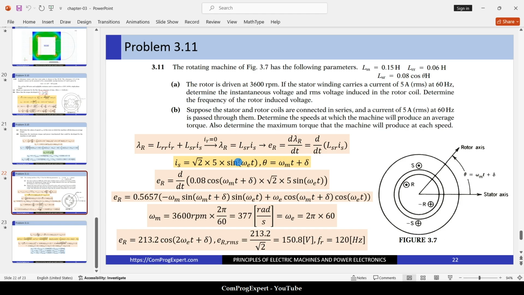If you replace these equations into this equation for current and LSR, instead of theta, we will have this. So you can calculate the derivative of this product, that is derivative of this function times this function plus this function times derivative of this function.